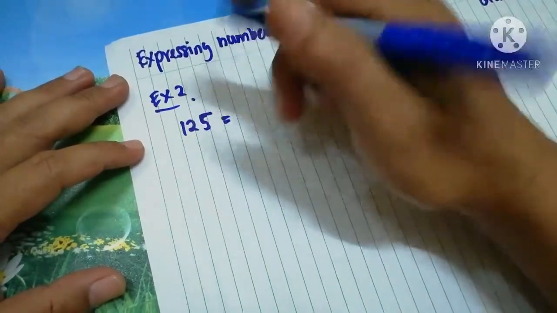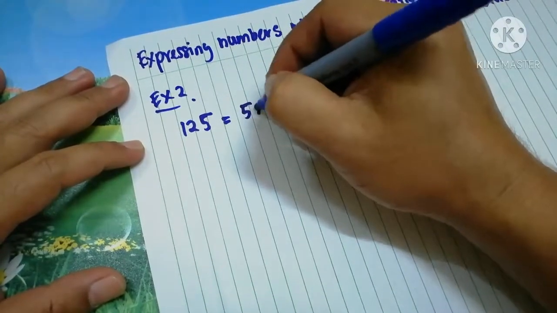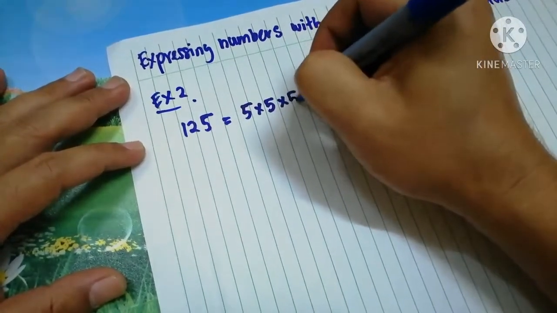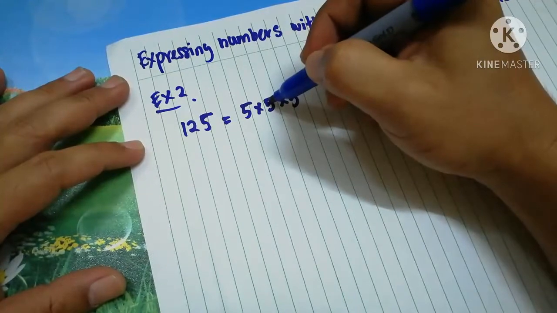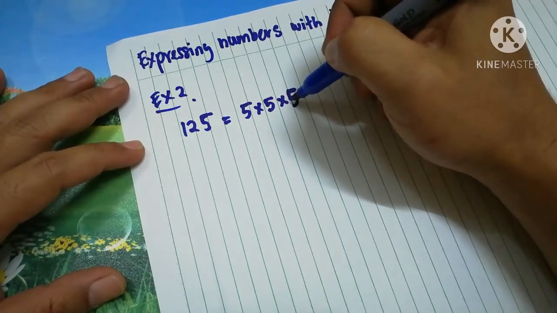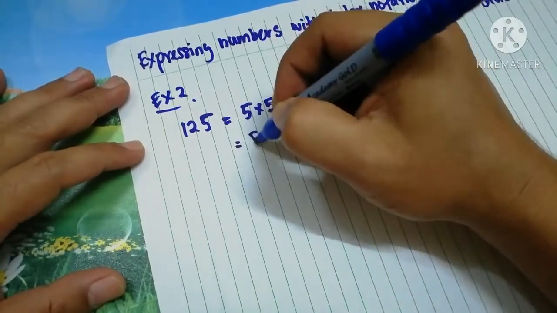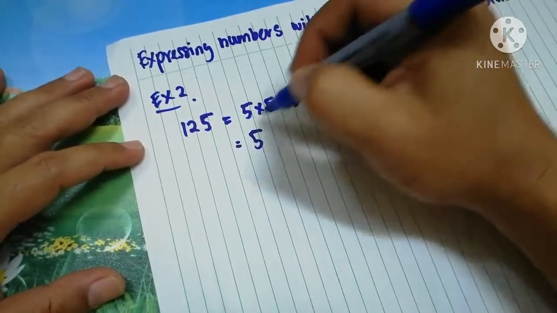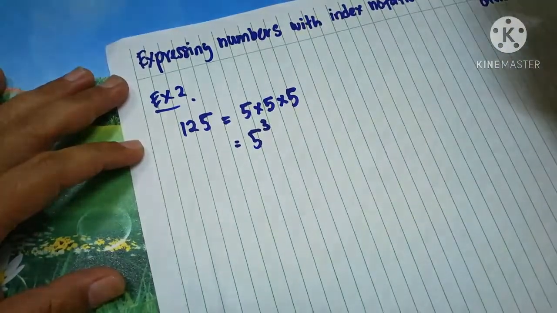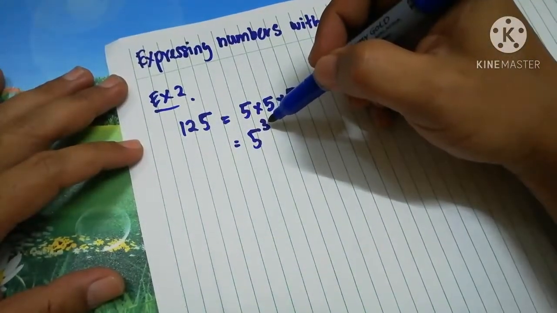So 125 is 5 times 5 times 5. 5 times 5 is 25, 25 times 5 is 125. And then 5, 1, 2, 3. So index is 3. Base 5, index 3.